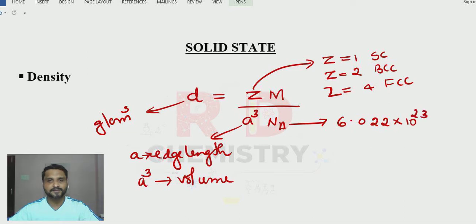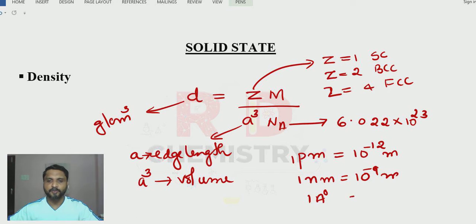Correct? Now, suppose they give the edge length in terms of picometer. Remember, 1 picometer is equal to 10 to the power minus 12 meter. 1 nanometer is equal to 10 to the power minus 9 meter. 1 angstrom unit is equal to 10 to the power minus 10 meter.